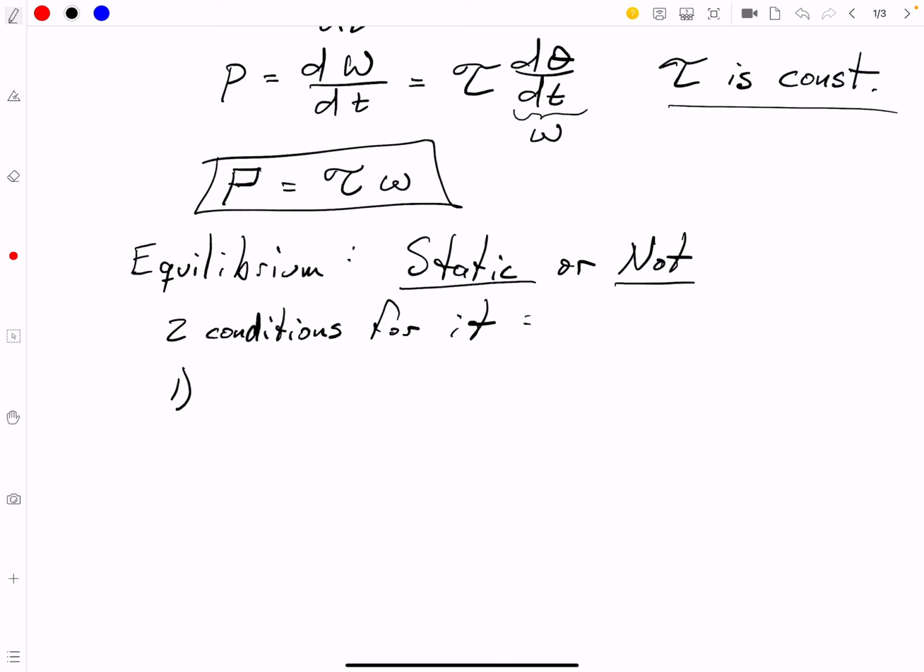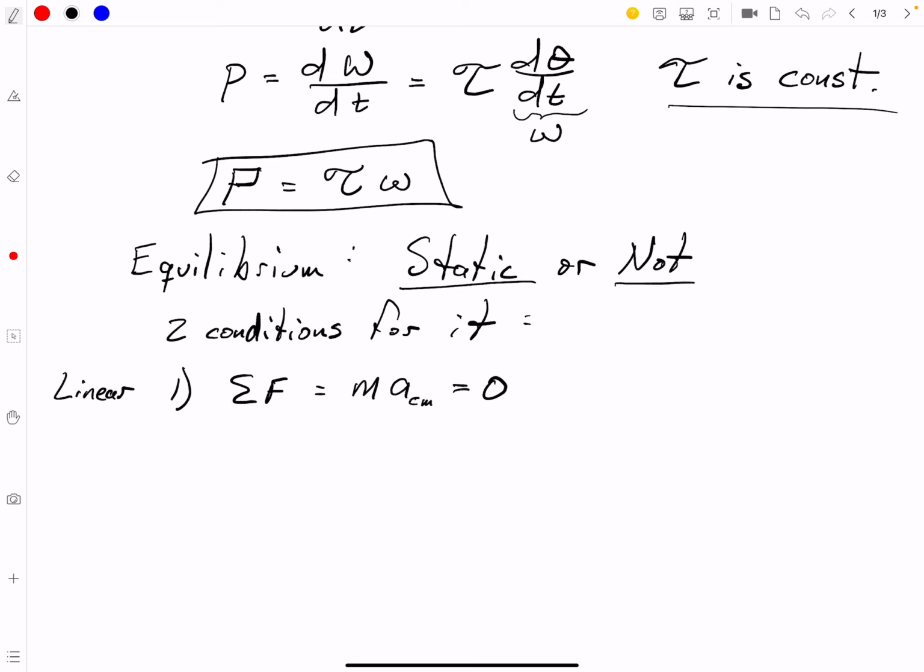The first condition is the linear condition, which we always used since we started learning about forces: the sum of the forces is equal to M times A of the center of mass, which is equal to 0.